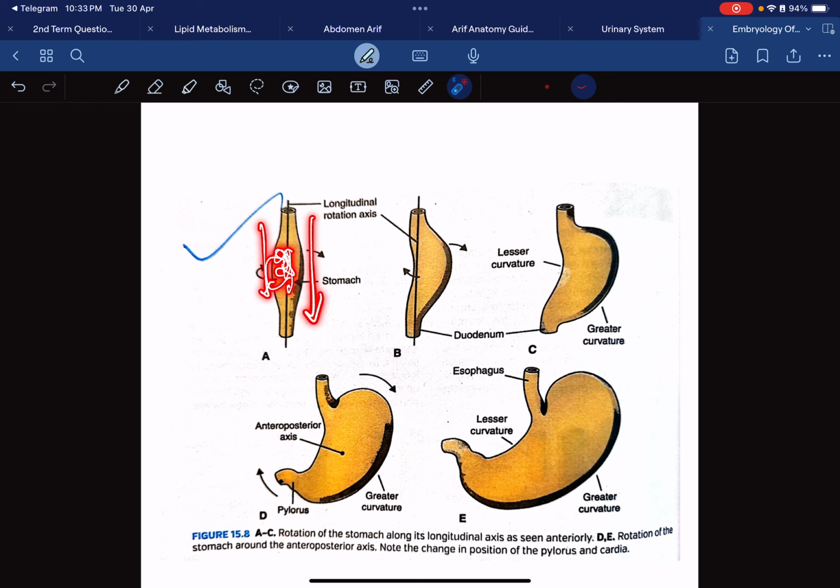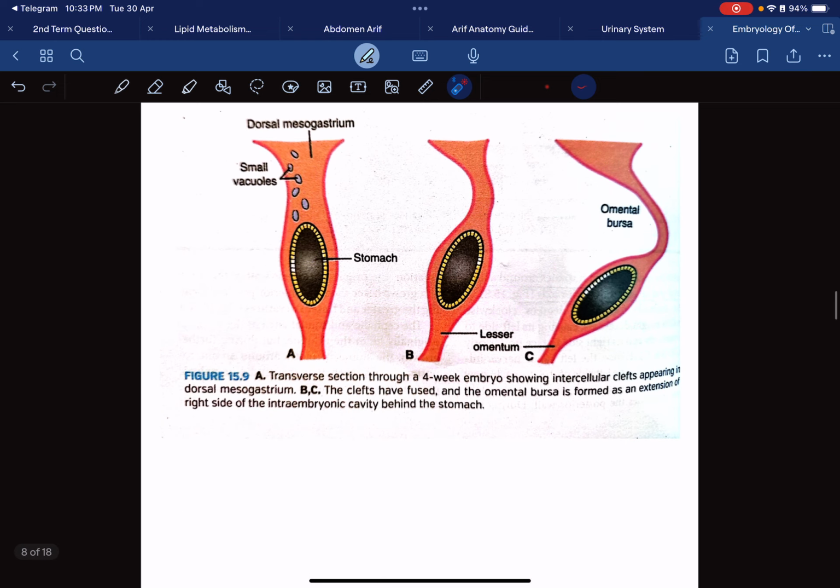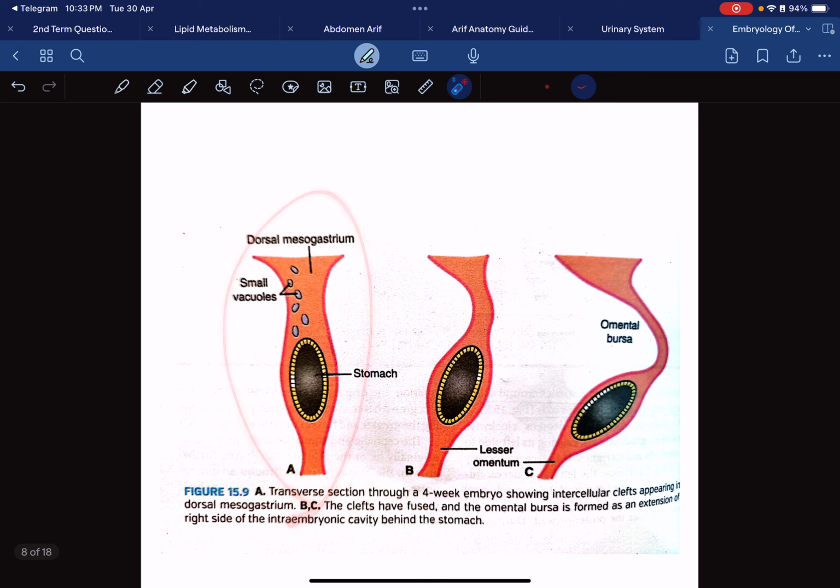Okay, now during this rotation, this is the diagram which represents the dorsal mesogastrium and the ventral mesogastrium. The dorsal mesogastrium is derived from the dorsal mesentery. This dorsal mesentery is a collection of connective tissues that maintains the gut tube and its derivatives in normal anatomical position.